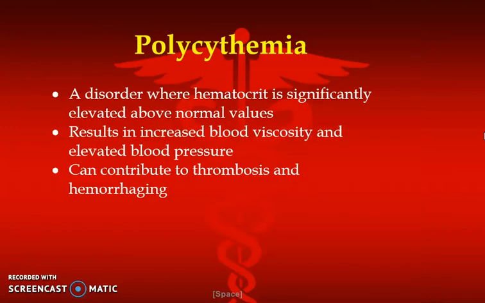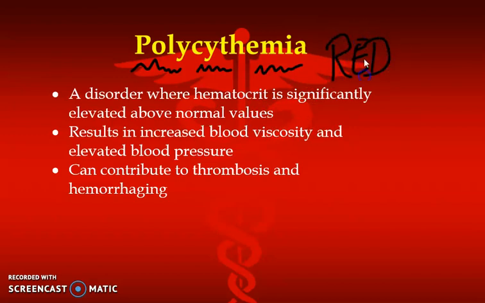Okay, polycythemia. This one's not too bad if you understand medical terminology. So let's break this word down again. Remember, poly means many, cyth means cell, and emia means blood. So this is a disorder where we have increased red blood cells. I really want you to understand that this is red specific.